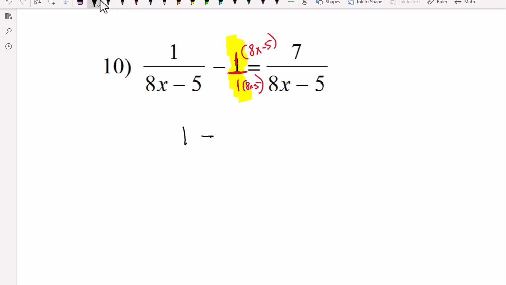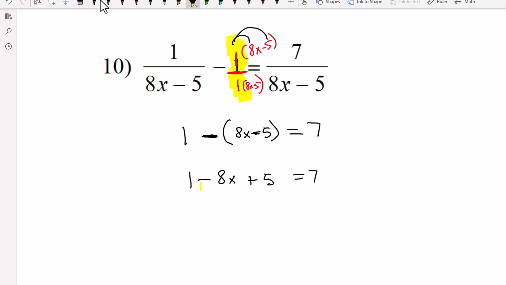So 1 minus, we're subtracting all of this. 1 times 8x is 8x. 1 times negative 5 is negative 5. Now this subtract goes to both of these. So this says 1 subtract 8x, but this says subtract a negative. Subtract a negative is the same as adding 5.